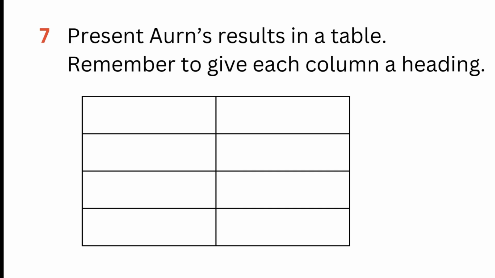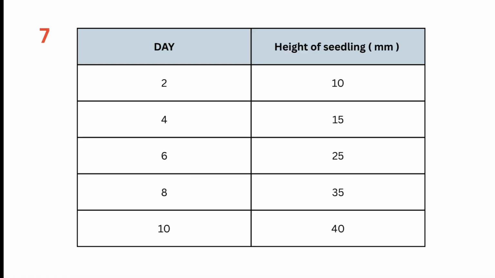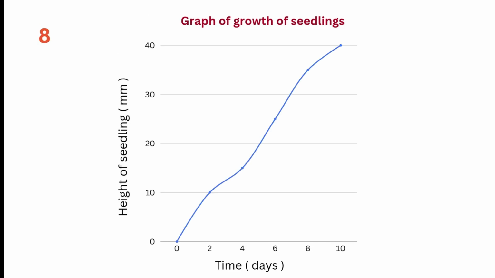Present Aaron's results in a table. Remember to give each column a heading. Day, height of seedling in millimeters. Question number 8. Draw a line graph of Aaron's results. So, as you can see, here is a graph of growth of seedlings.